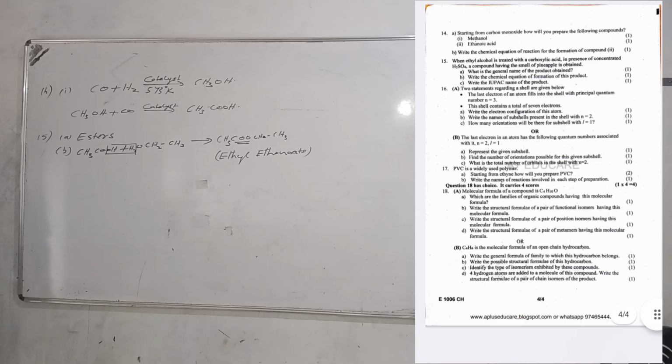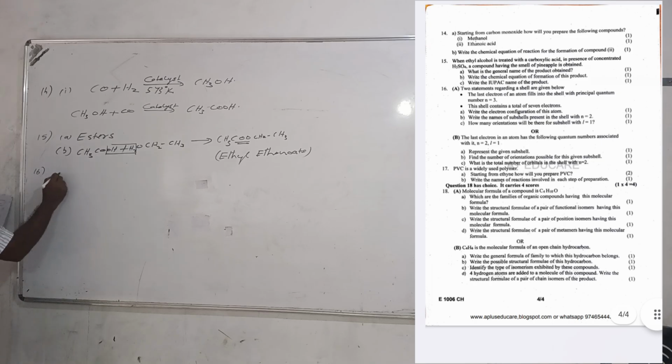This shell contains a total of 7 electrons. n equal to 3 is the M shell. Write the electron configuration of this atom.